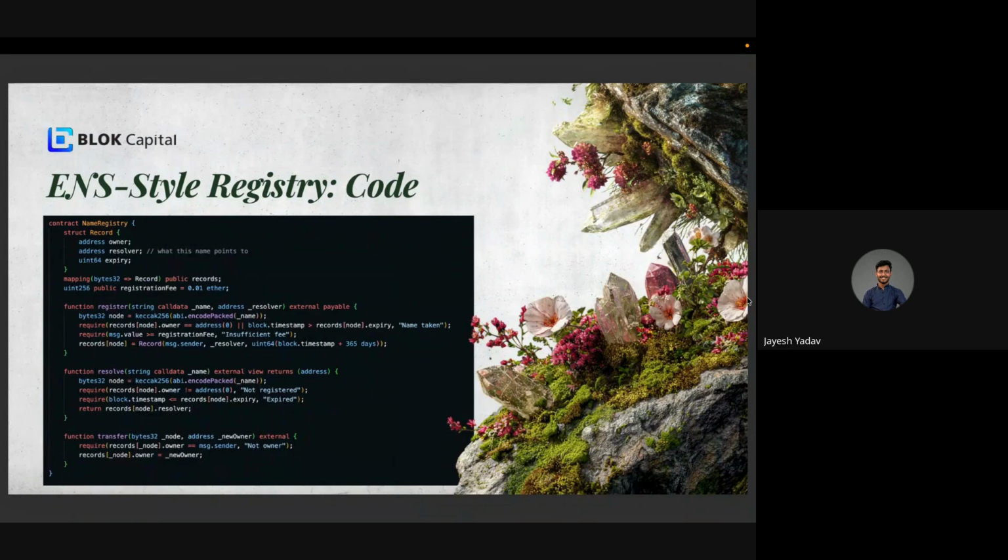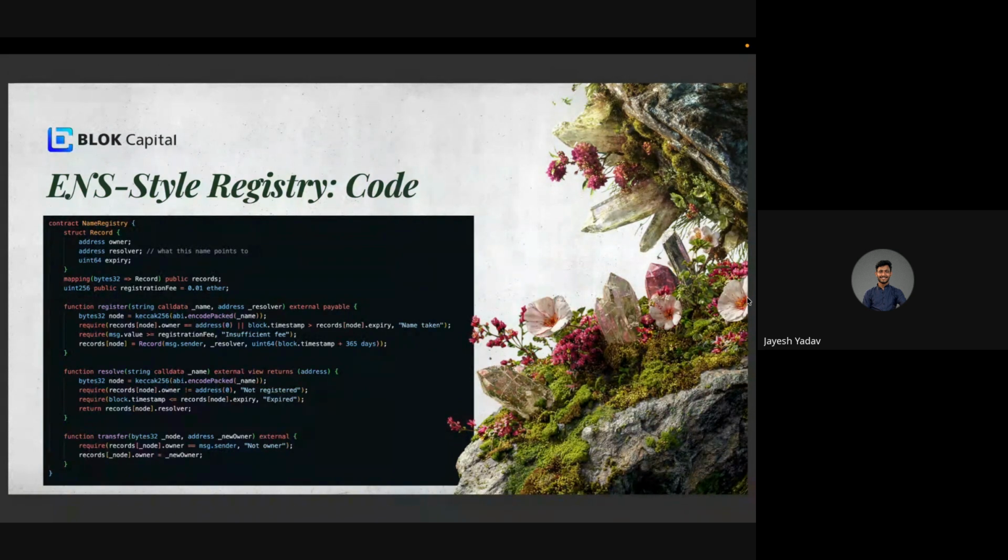Otherwise the name has already been taken and the domain name is not yet expired, so you cannot register it. The second thing it checks is that msg.value should be greater than or equal to the registration fee. If you are not paying an amount greater than or equal to the registration fee, this will revert and you will not be able to register.